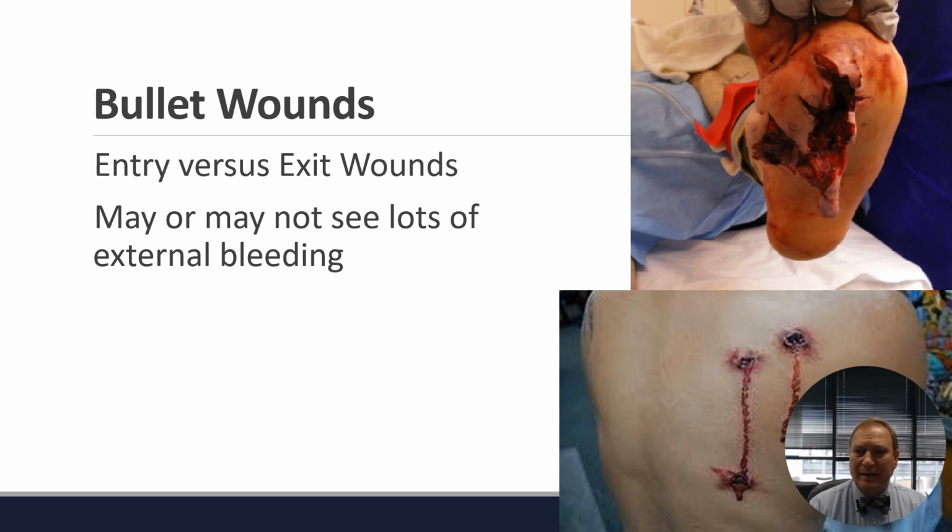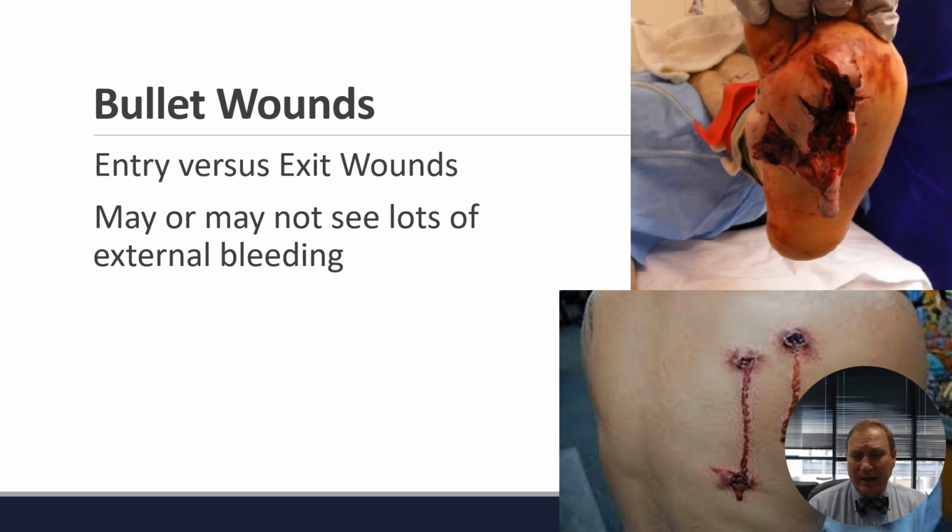The bullet wound at the top right is a great example of an exit wound with a hollow point. The bullet wound in the lower right is a great example of an exit wound from a full metal jacket. Again, full metal jacket's going to give you a kind of a clean entry, clean exit without a lot of destruction of tissue.